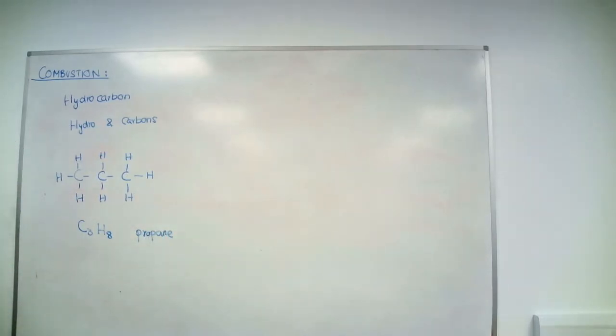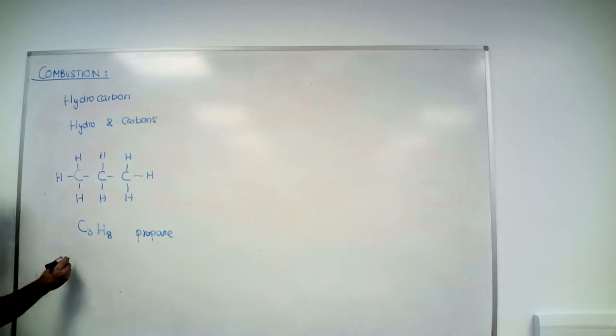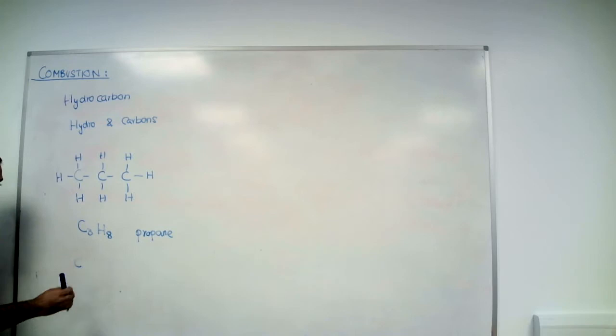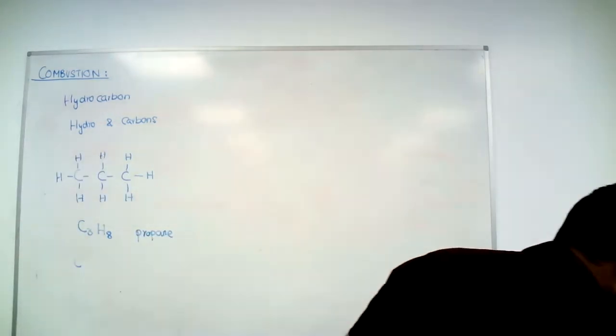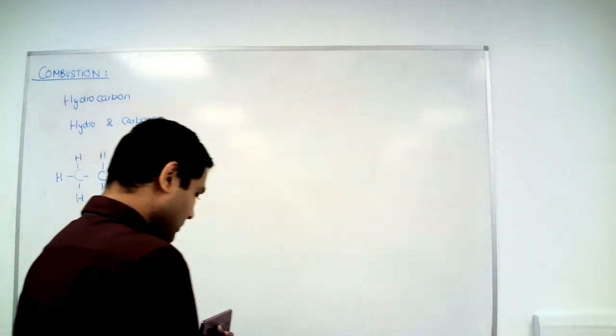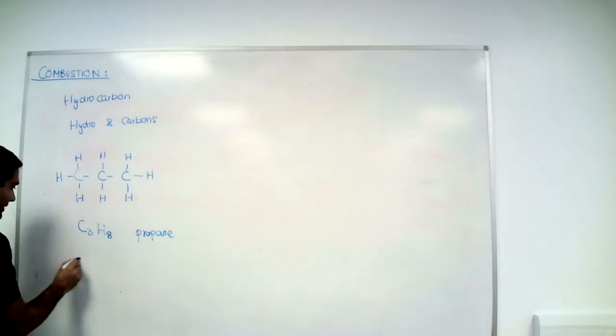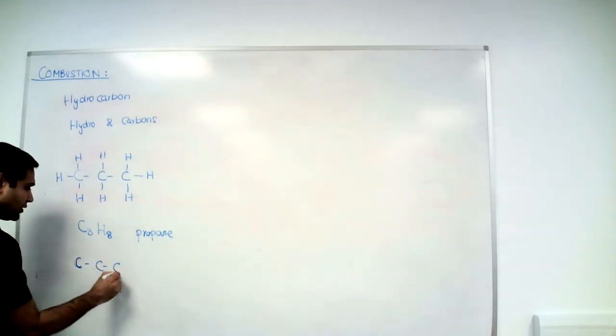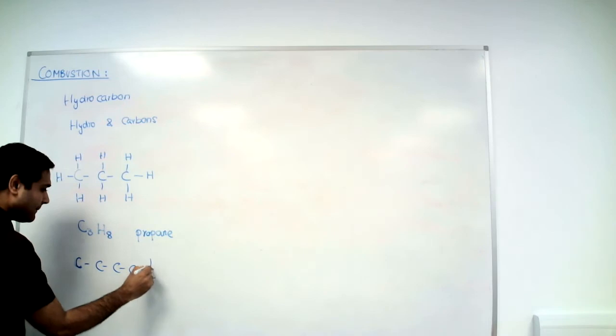If I talk about, let's say, butane, or let's have a look at pentane, let's do pentane with 5 carbons: 1, 2, 3, 4, 5.